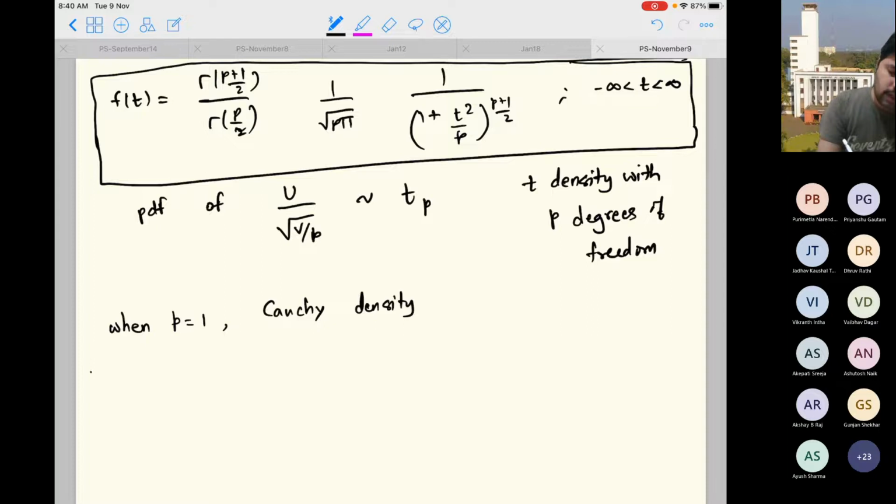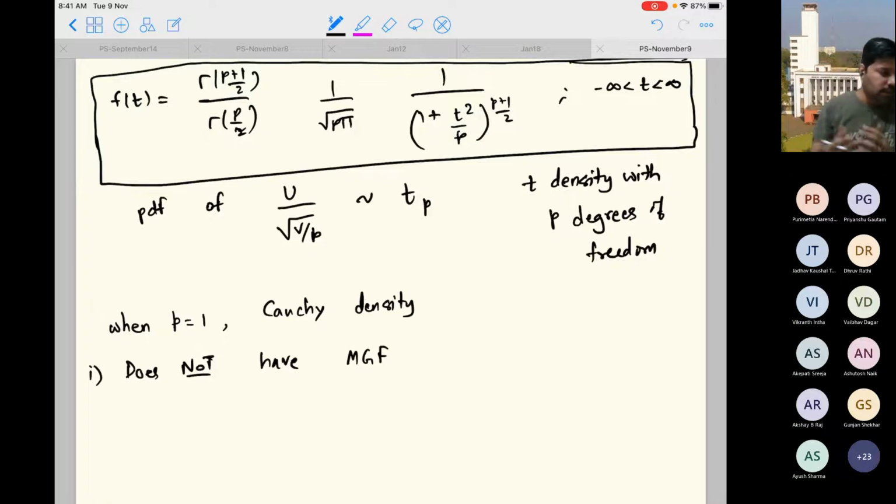There are a few things that you should remember. One is that this random variable does not have an MGF, right? The reason is that for the Cauchy density, moments do not exist. If moments do not exist, then you cannot have a moment generating function, because the moment generating function is going to give you the moments.